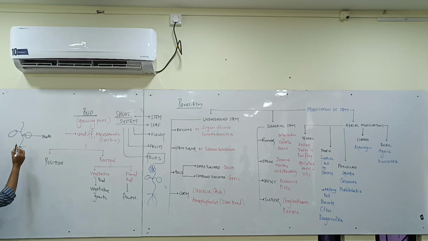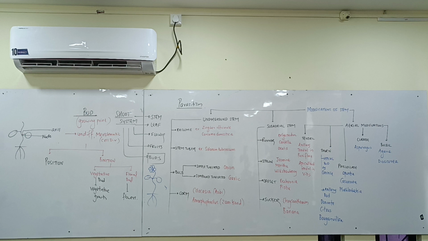Now, look at this angle. Is it the upper angle or the lower angle? Upper angle. This upper angle is called the axil. What do you call the upper angle? Axil. Axil.